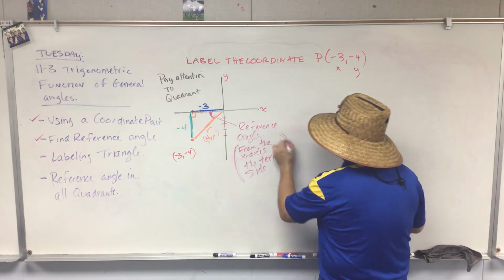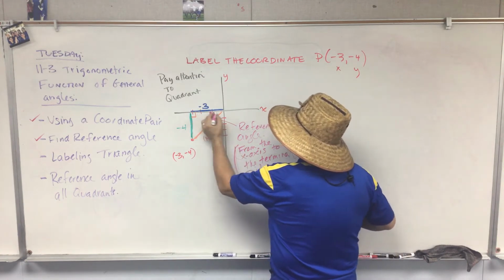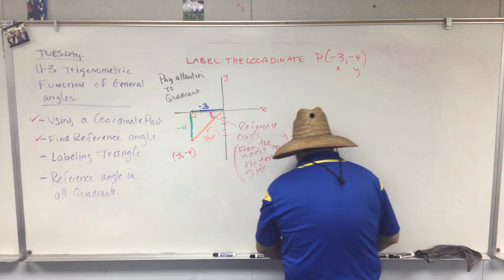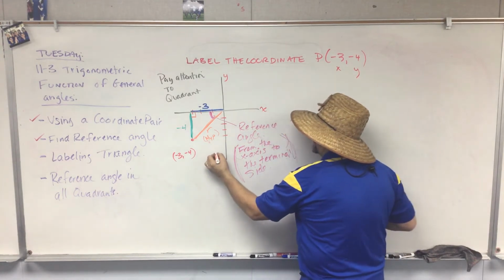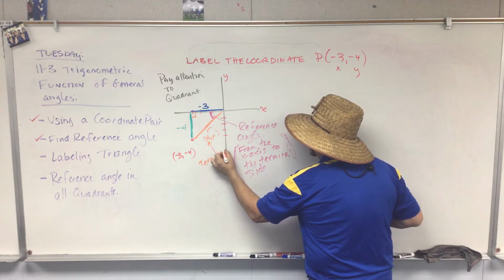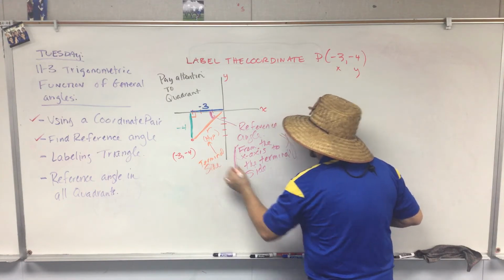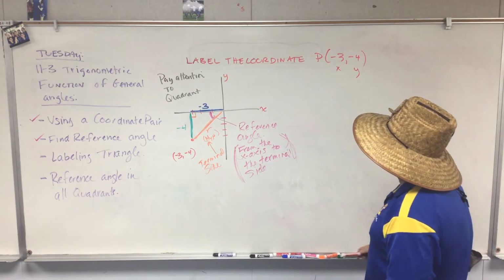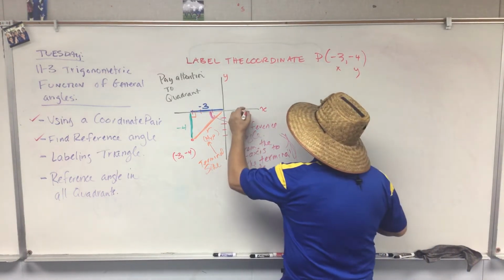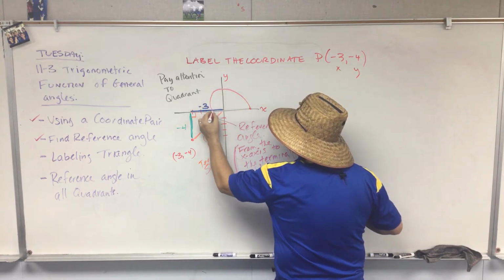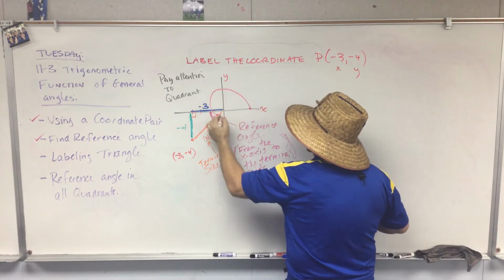In other words, I start at the x-axis and I go to the terminal side, because this is actually the orange piece here. The orange piece is the terminal side. Okay? So this standard angle really goes all the way around to here, doesn't it? So it opens up like that.